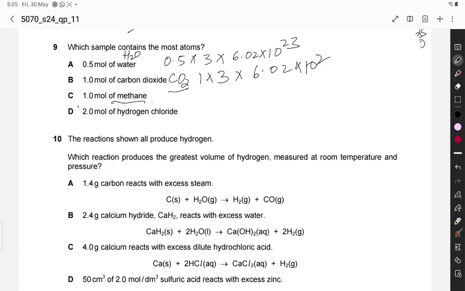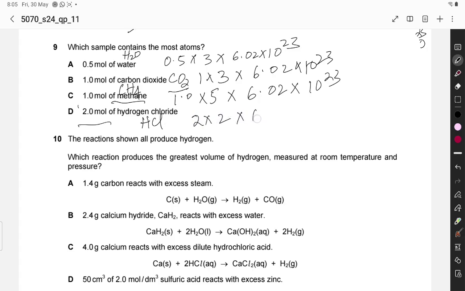One mole of methane: one methane has 5 atoms, carbon 1 and hydrogen 4, so 5 into 6.02 into 10 raised to 23. And 2 moles of hydrogen chloride: HCl has 2 atoms, so 2 into 2 into 6.02 into 10 raised to 23. So C option is correct.